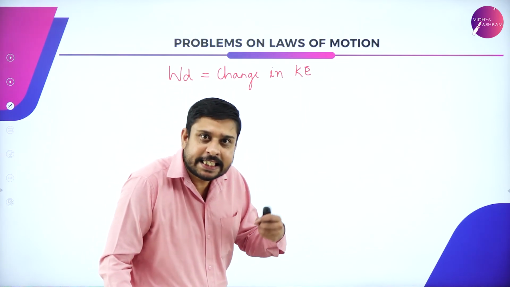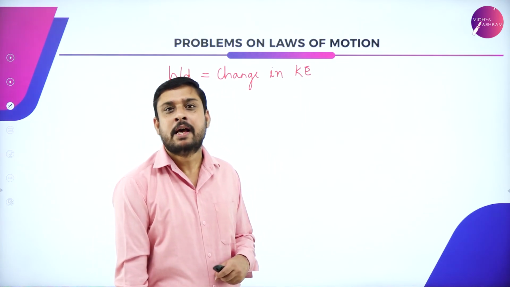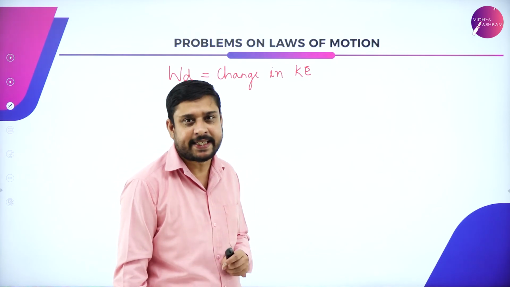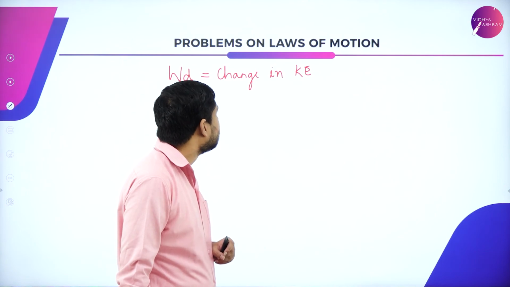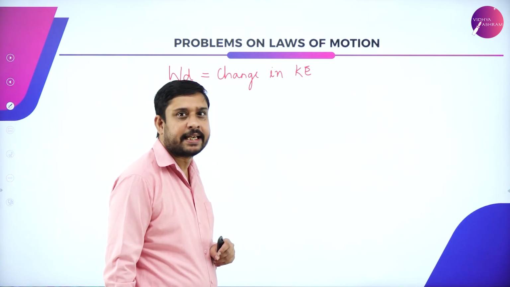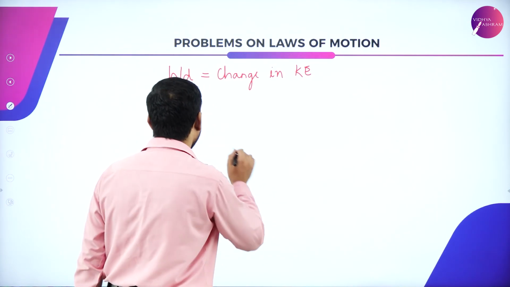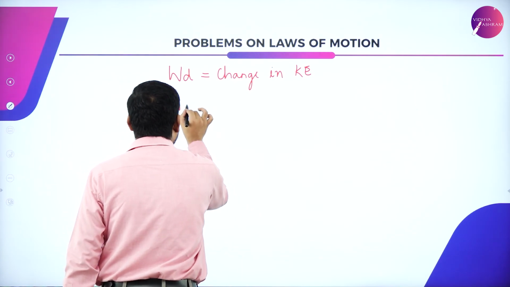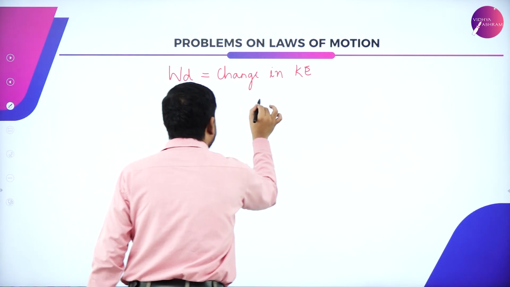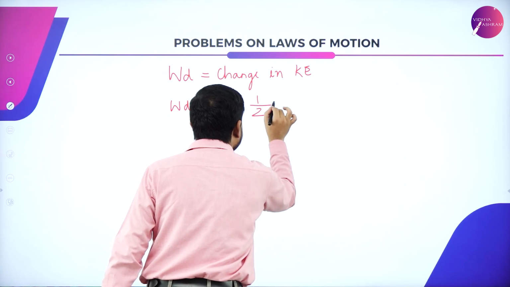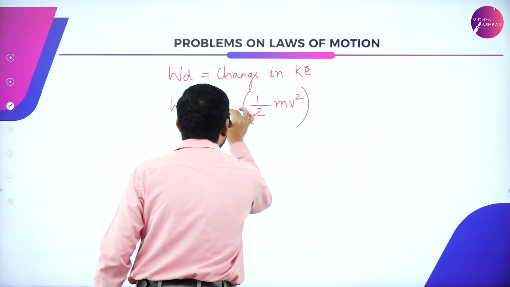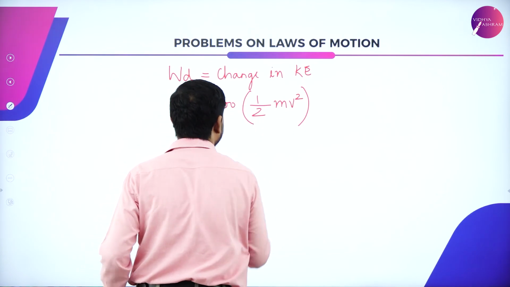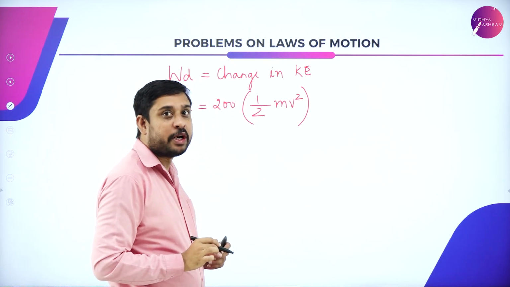Why am I using this concept? Because I know power is work done by time. So work done is change in kinetic energy, which is half mv square, but this into 200, because 200 bullets are shot.